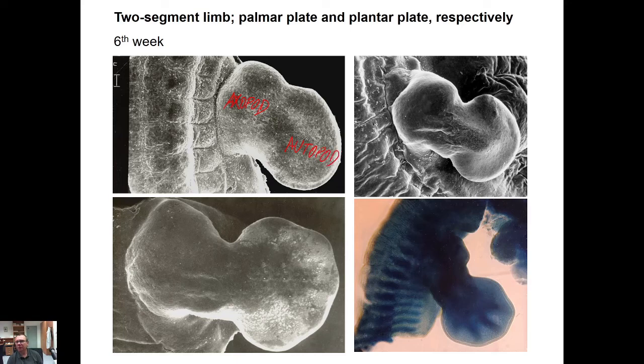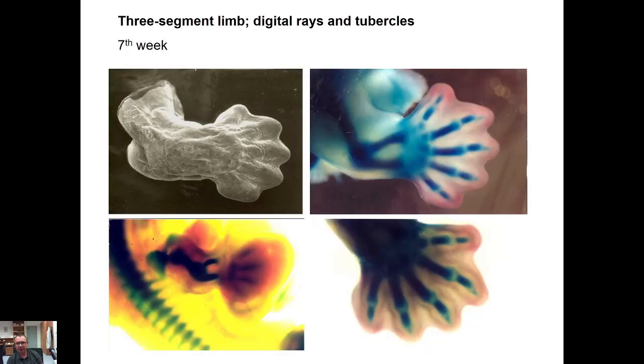Autopod and axopod are parts of the 2-segment limb, and autopod is later transforming into the palmar or plantar plate. Axopod is developing to the remaining parts of the limb. So it must transform into new segments during the next week.